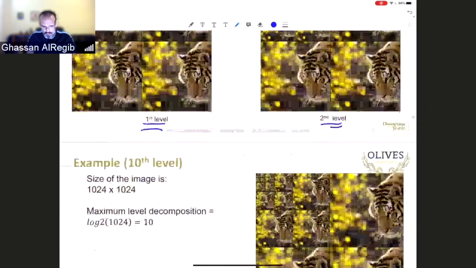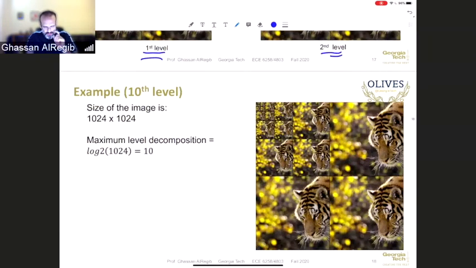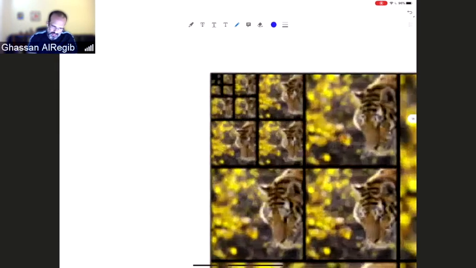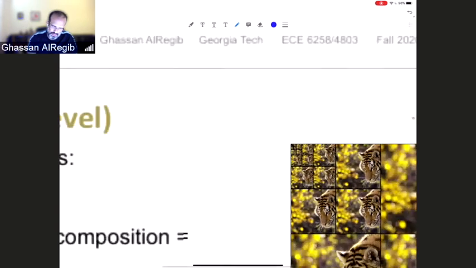Yes, here. And then, given the image size is 1000 by 1000 or 1024 by 1024 pixels, a 1K image, one megapixel basically, then we can have 10 levels of decomposition. If you do that, you cannot really see it clearly, but you can see the decomposition 10 levels over there.